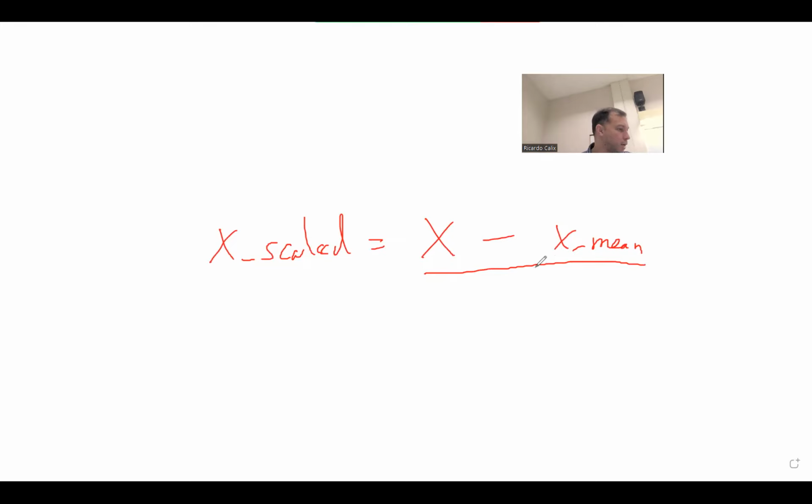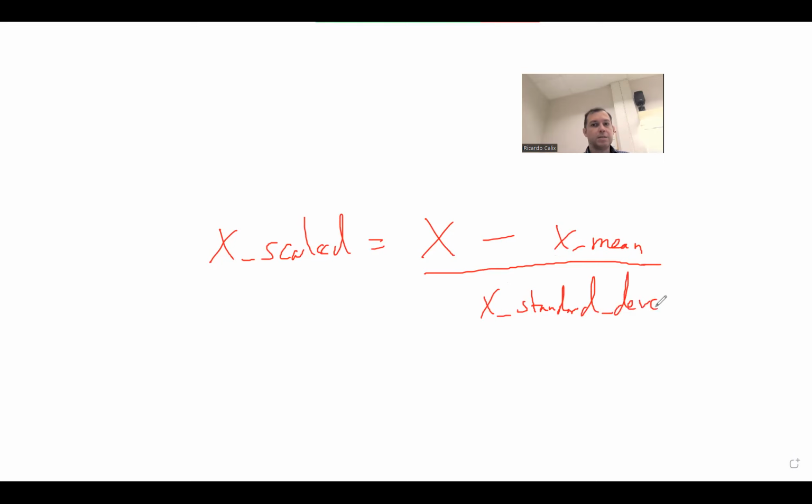All right, so standardizing the data is a very simple operation. You have X scaled, and really this is the result of the data minus the mean of the X's, so X mean, divided by the standard deviation, the X standard deviation.